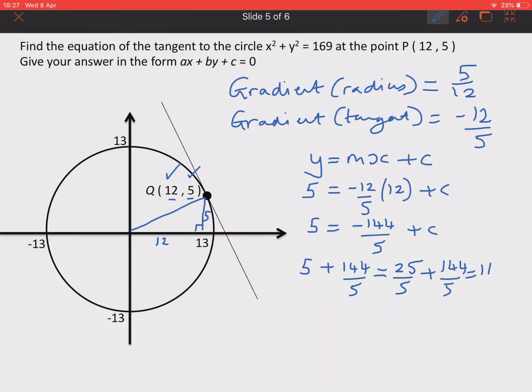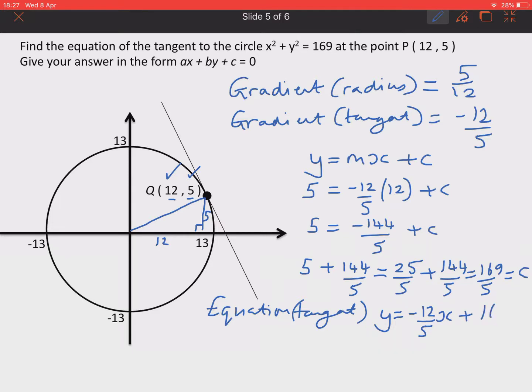So this is 169/5, which is c. So the equation of my tangent is y is negative 12/5, which is the gradient, m, times x plus my c.